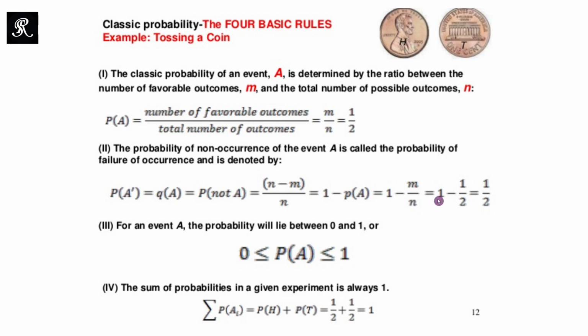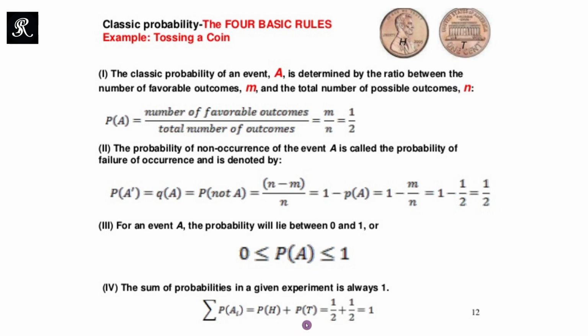As I discussed here, the sum of all the events, probability of H plus probability of T, would be equal to 1. And this is the notation for the sum: we sum the probability of all the events Ai. So A1 is an event, that is probability of H, because in total here we have 2 events. So the probability of the first event A1 is the probability of H, and the probability of A2 is the probability of T, the second event.